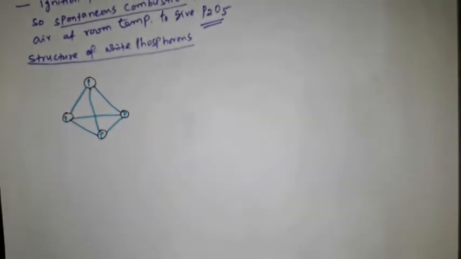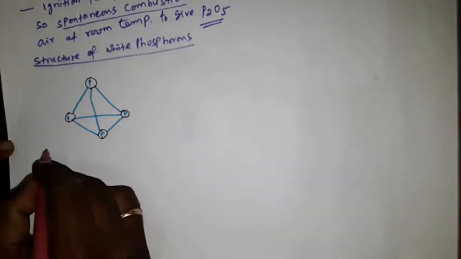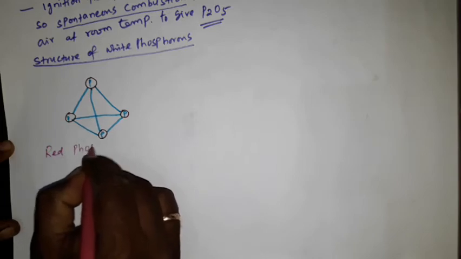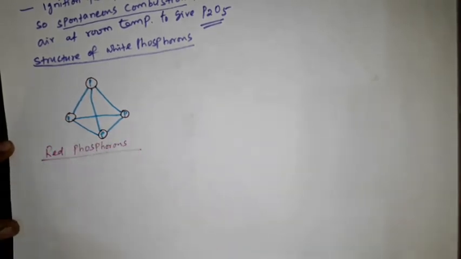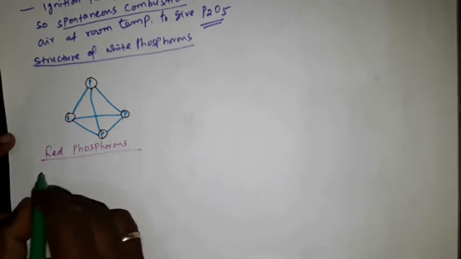So that's all about white phosphorus. Now red phosphorus. So red phosphorus can be prepared from white phosphorus.